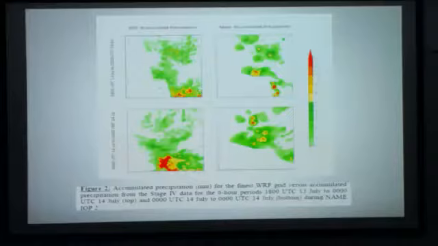So here, considering IOP2, at least for the 14th of July, is the WRF accumulated model simulated precipitation, and then the equivalent radar accumulated precipitation, and we're working on generating the equivalent TRMM data.